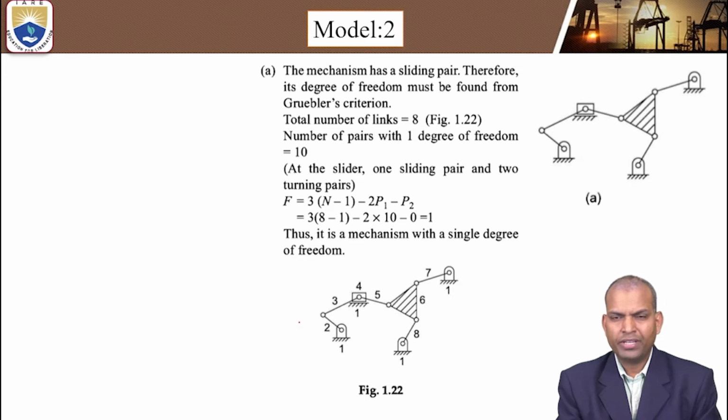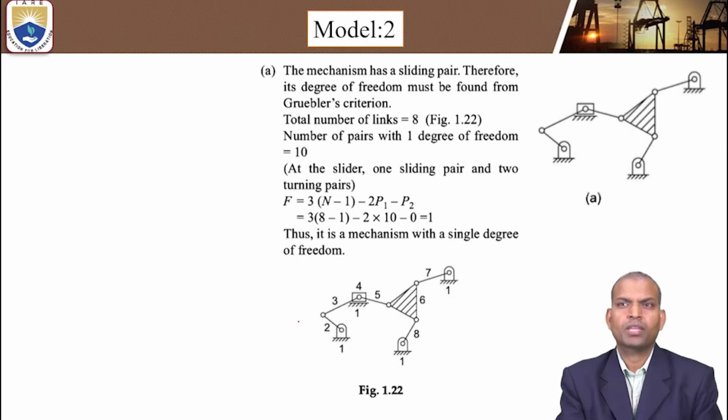It has only limited applications, only when loops are there. If in the mechanism there are any slider links or higher pairs, then that criterion can't be valid to calculate the degrees of freedom of such mechanisms.